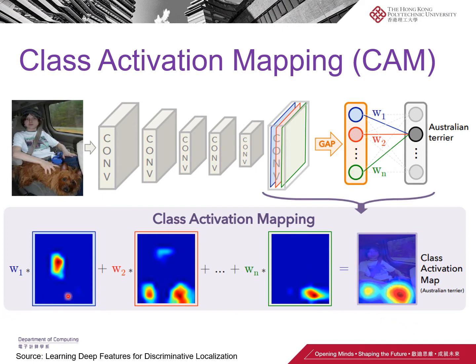And you can see each channel actually focusing on different parts. Here it's on that person, here it's on that dog. So after the fusion, it will generate a final feature map, which can be resized back to the original image. You know where the network is focusing.